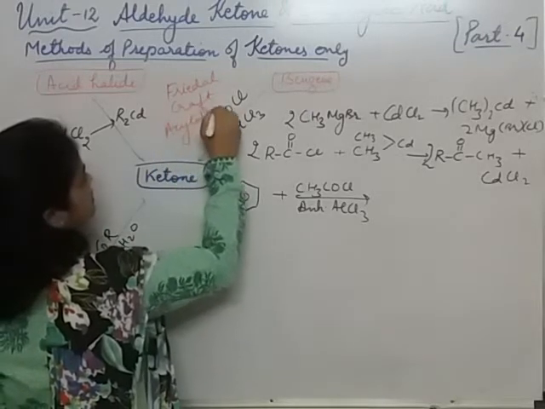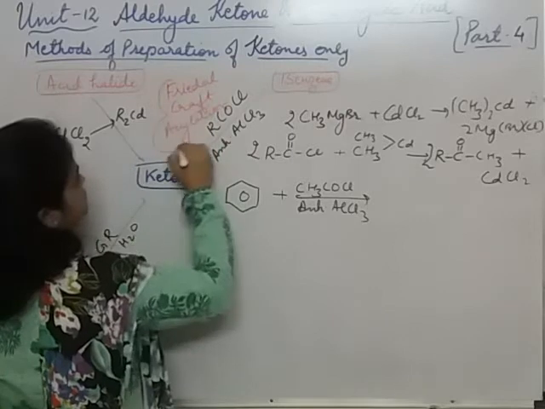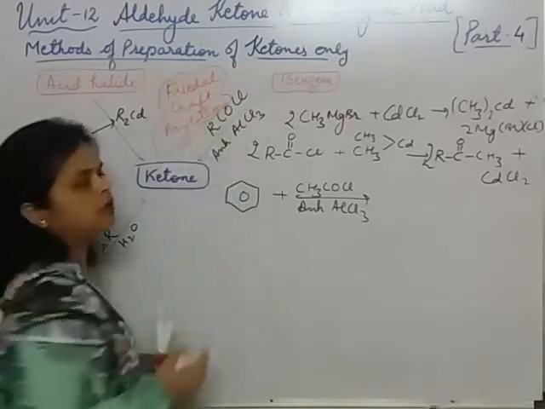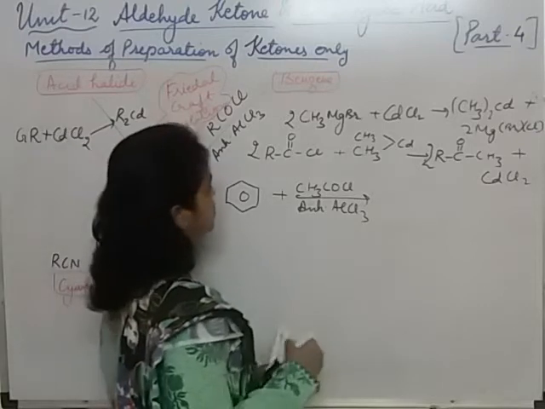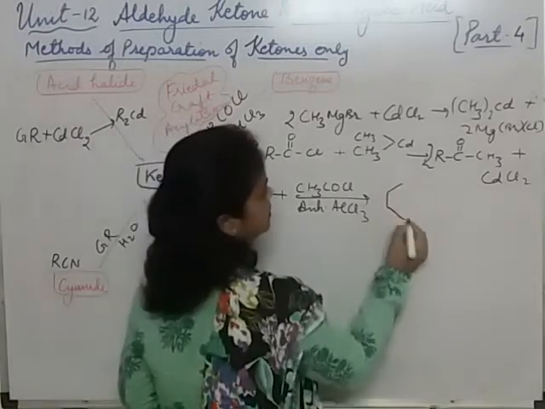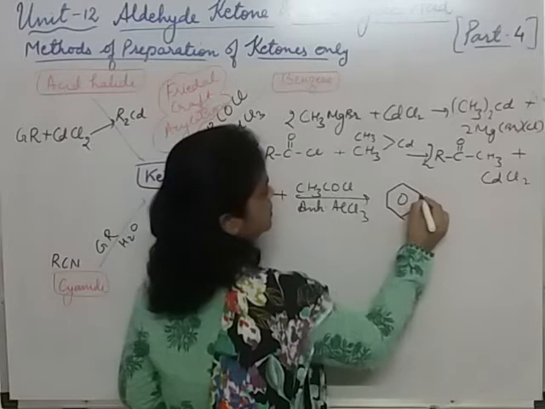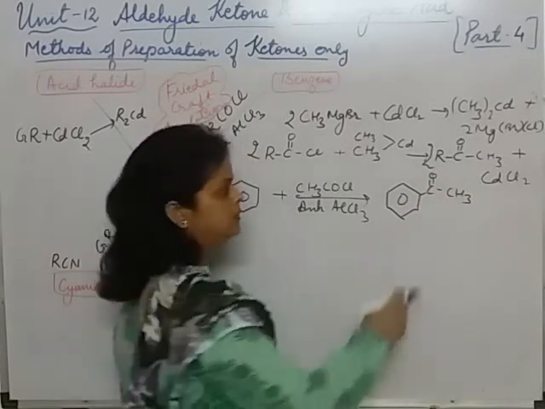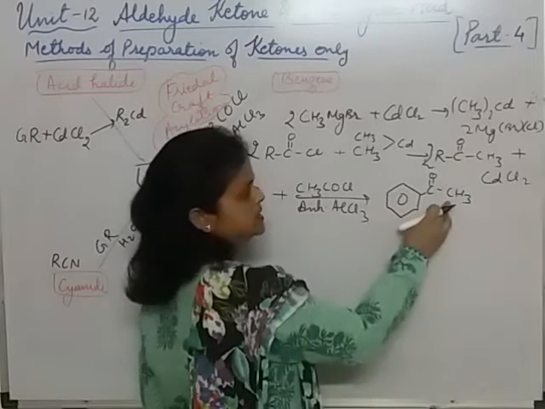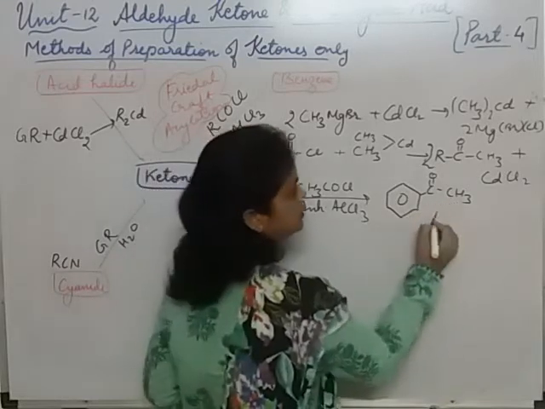Students, whenever there is an introduction of the acyl group into the benzene ring, that is called Friedel-Crafts acylation. And what is the structure of the product formed here? COCH3. So what is the name of this compound? This is acetyl, so acetophenone.